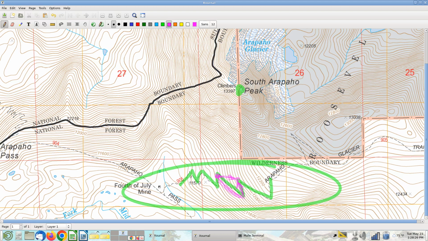So again, the goal is to try not to cross these contour lines too quickly. And the zigzaggy switchback thing is a way of helping you avoid cutting those lines too quickly. Okay. All right.